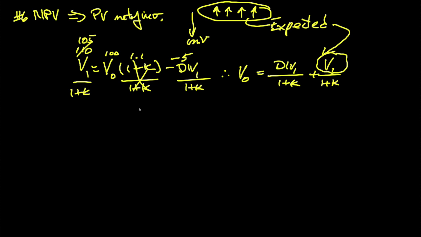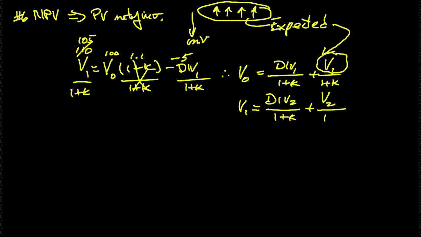But now let's do another period. We can go to period 1. So period 1 looks like this. We'll have dividend 2 divided by 1 plus k plus the value at the end of period 2 over 1 plus k. Now you can derive that or just get it from this formula.